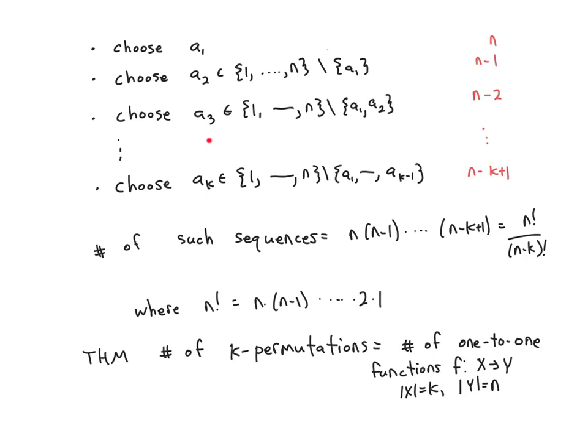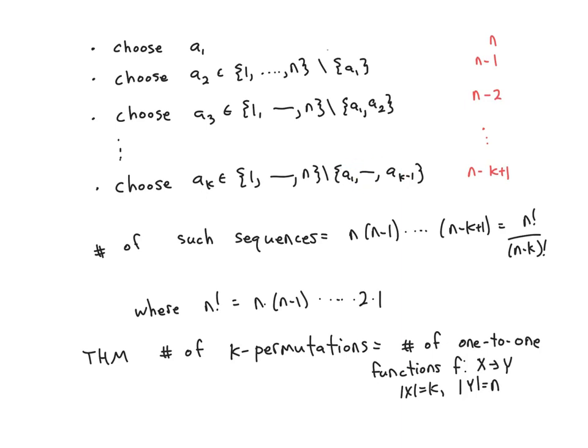Similarly, for a_4, you can pick from everything except whatever you chose for the first 3, and so on and so forth, up until you get to the last term in the sequence. The last term can be anything except what you chose for the previous k-1 terms. And again, because we are assuming these are all distinct, this set actually does have size k-1.